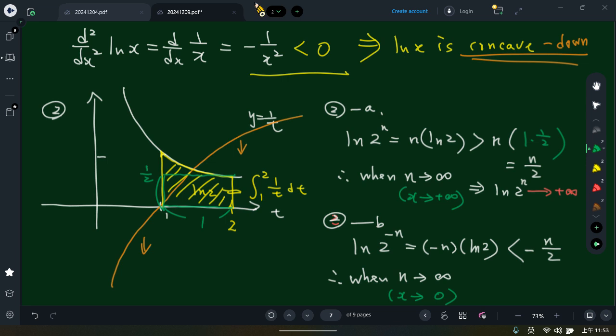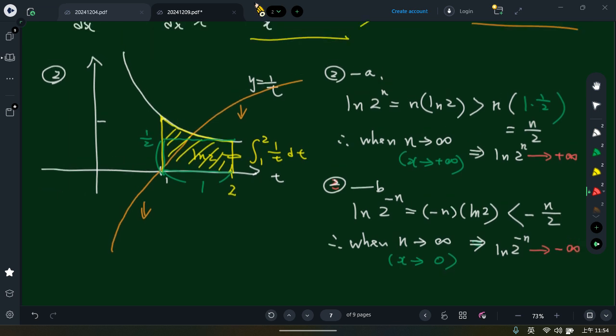So based on this, you can see the function value here, ln 2 to the power of negative n, will approach negative infinity.